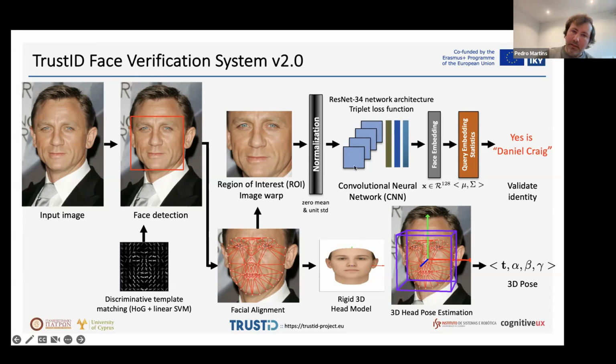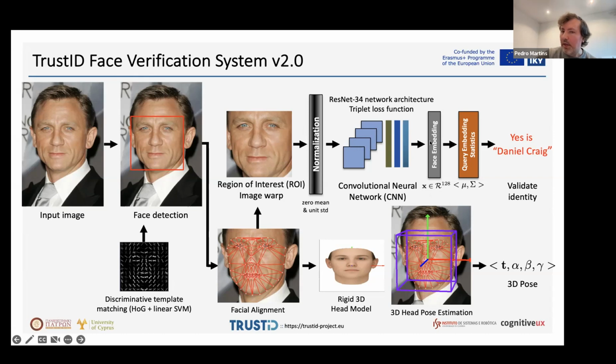But okay, in this case, to deal with face verification, we actually train the network using the so-called triplet loss. This will provide, for a given image, an output vector, in this case having 128 values, which represents attributes of the face.